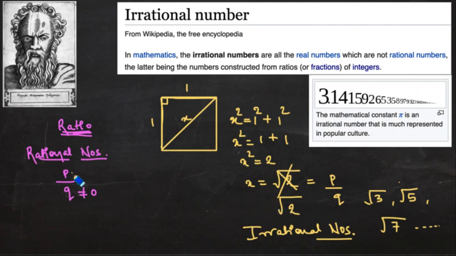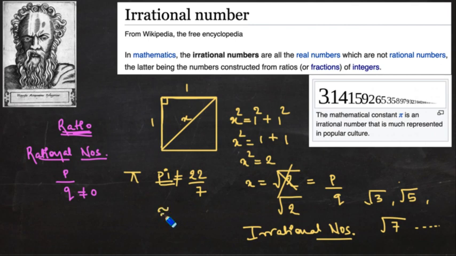You can construct rational numbers in terms of a ratio of two integers, but you can never express an irrational number in terms of a ratio of two integers. Another popular example of an irrational number is the number pi. Generally people say that it is equal to 22 by 7, but pi is never equal to 22 by 7.